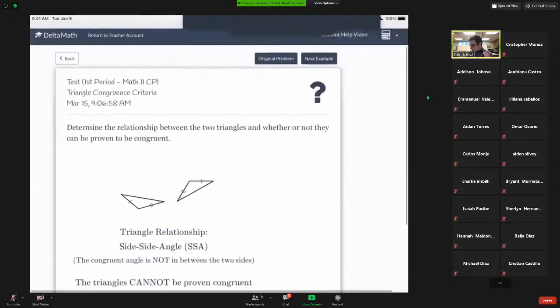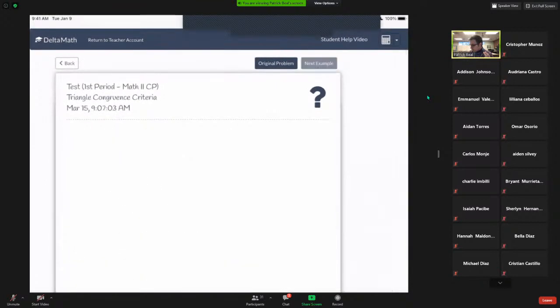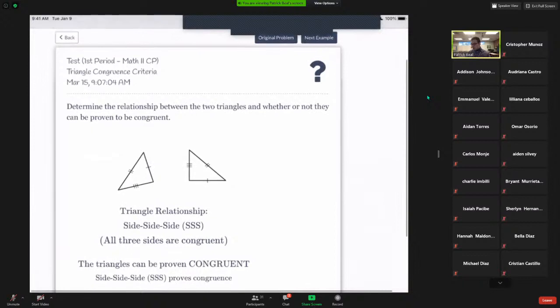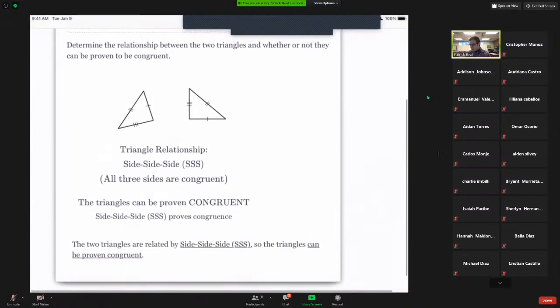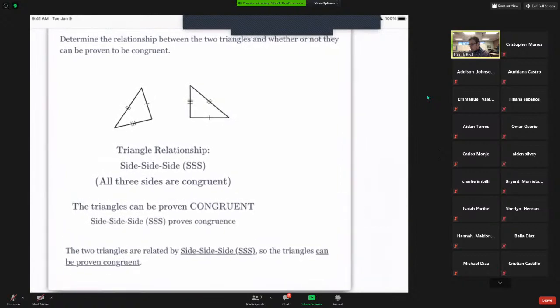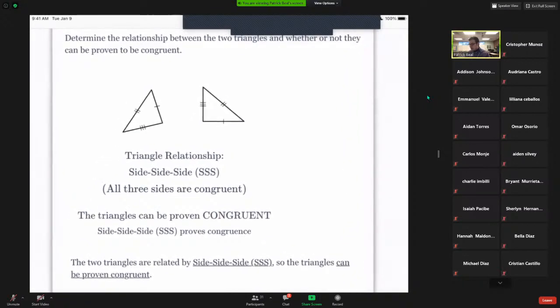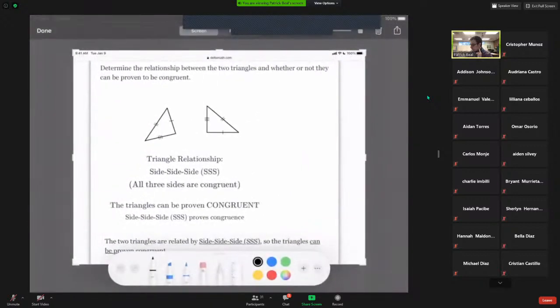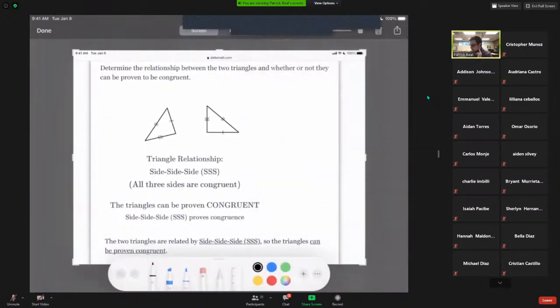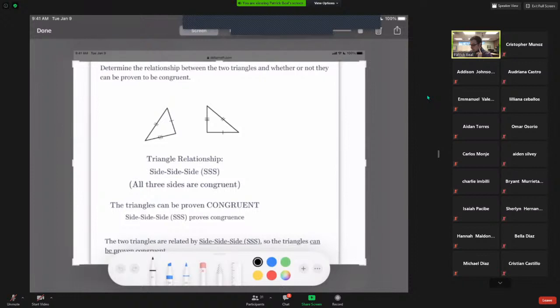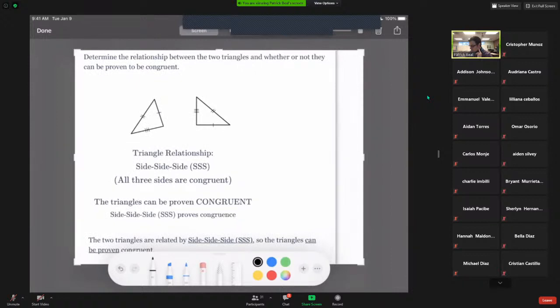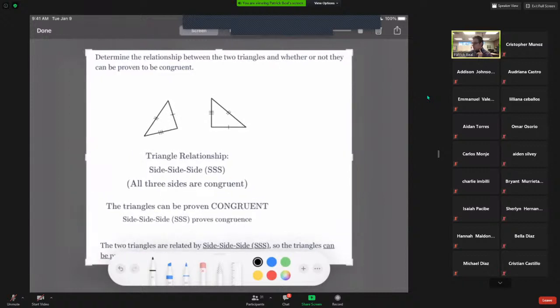Let's see if I can get specific. There we go. So here's one of our shortcuts. The first shortcut is what we call side, side, side. If you know all three sides of one triangle are congruent to all three sides of another triangle, that's enough to prove that the triangles themselves are congruent.